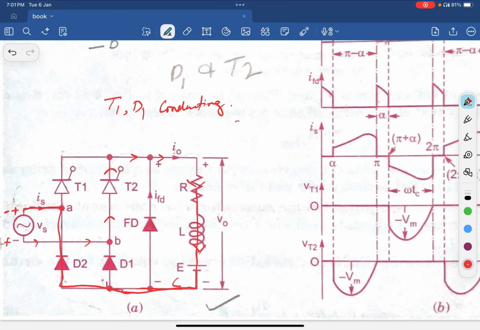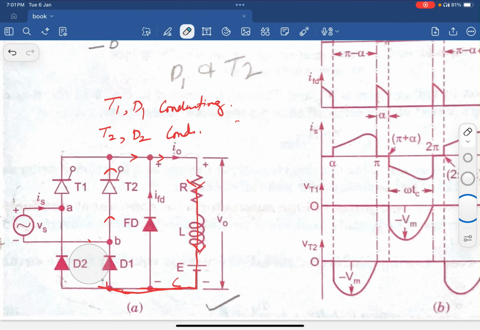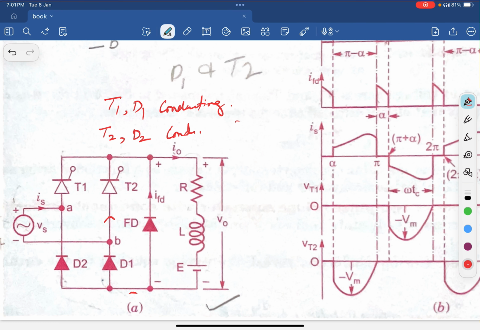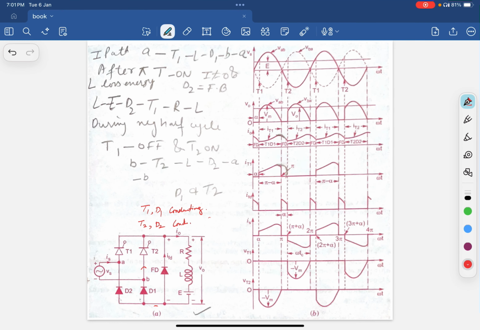So here the thyristor T2 and the diode D2 start conducting. But in between there is also a freewheeling diode. So the freewheeling diode will also conduct. I will explain this in detail.